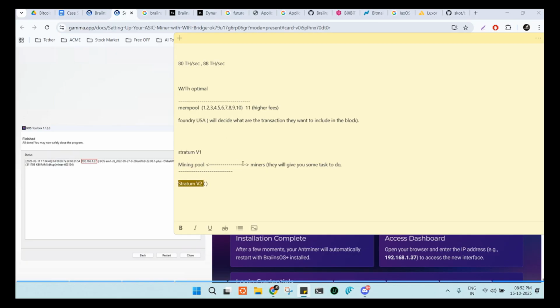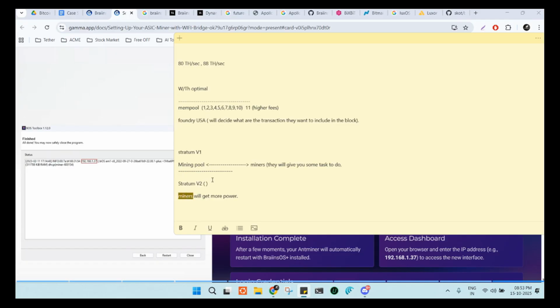What will happen? Miners will get more power. What does it mean? With Stratum V2, miners will be able to choose what transactions they want to include. So this power will move from the mining pool to the miners.